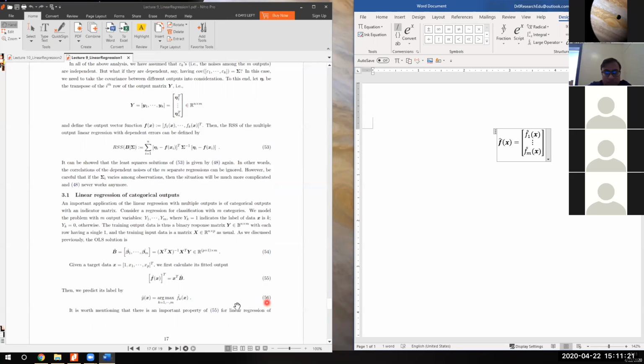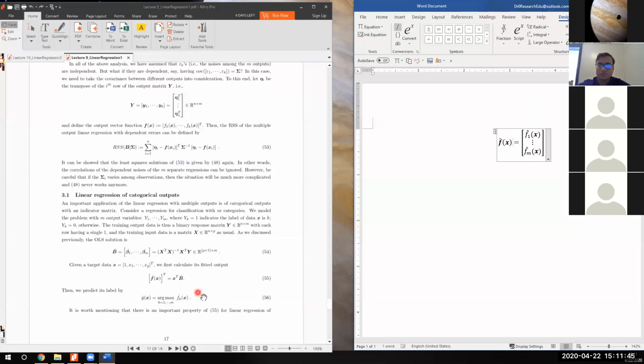56 tells you that, because finally you're going to make a prediction, right? Here we're talking about linear regression of categorical outputs. So how would you predict? In other words, I'll give you an x, which label would you predict? We have done a lot of this kind of problem before in classification. This tells me that I'm going to use the biggest f.